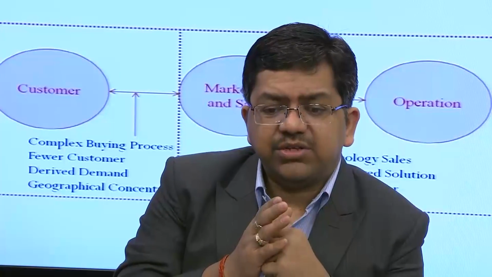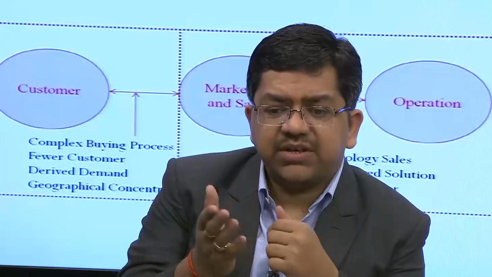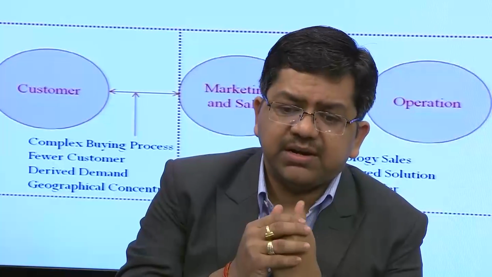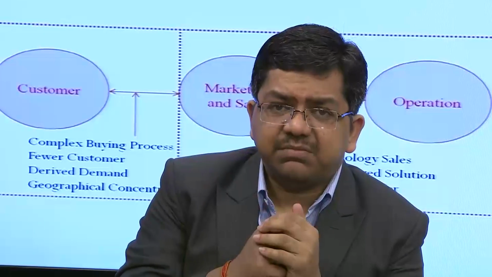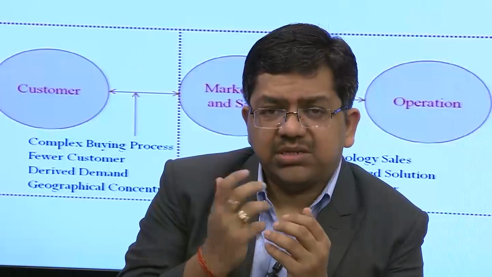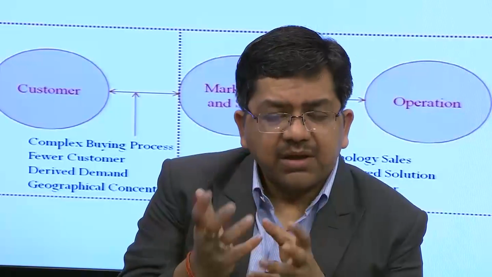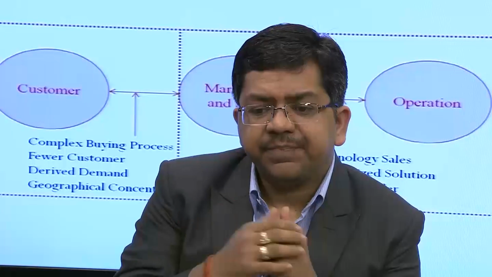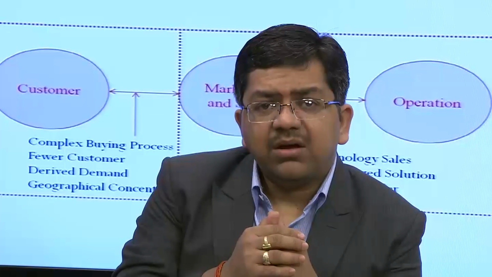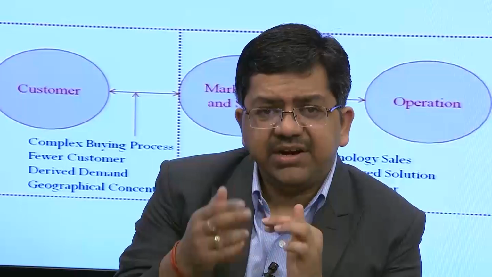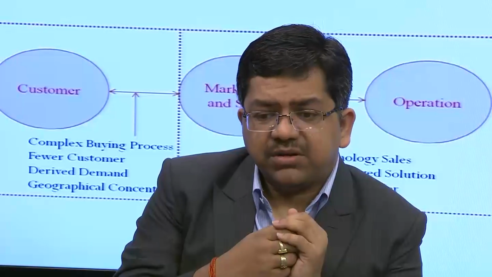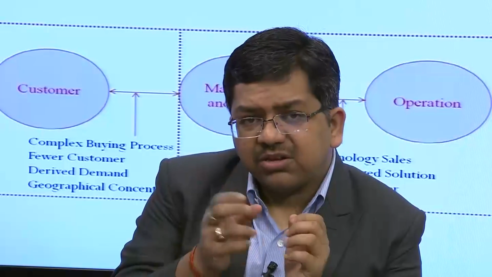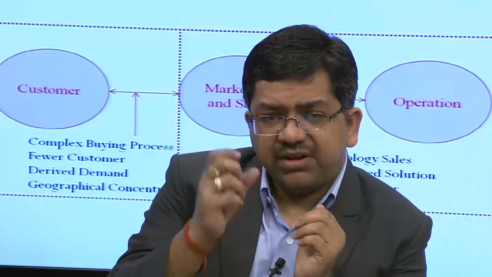So, we looked into this marketing and sales and operations interface, and there the difference between B2B market and B2C market is that B2B market is predominantly in the form of technology sales, technical criteria are an important purchasing criteria. Then we have looked into the second difference, which is customized solution, that the demands or the needs of the business customers are very rigid.